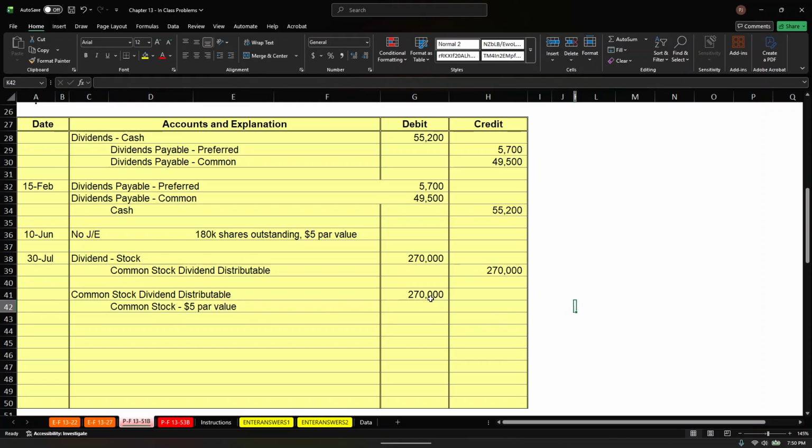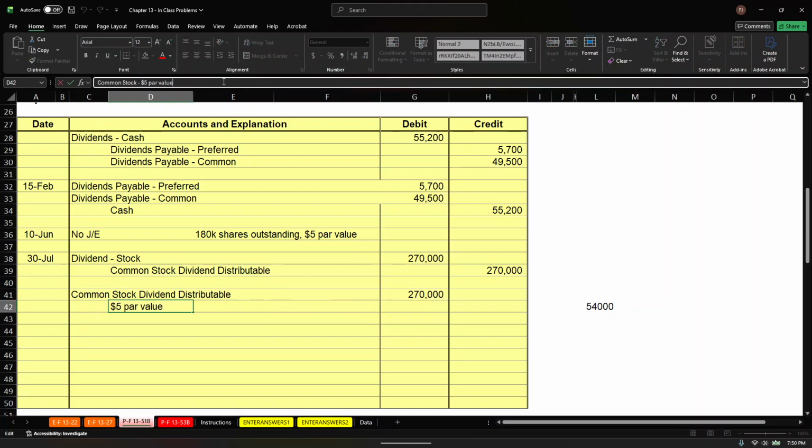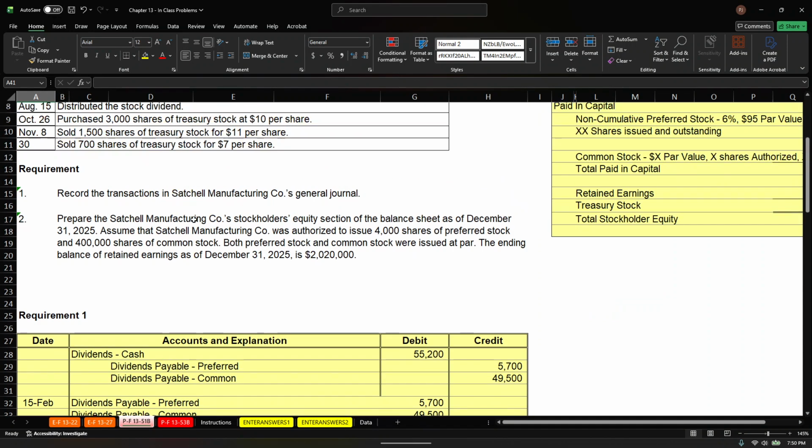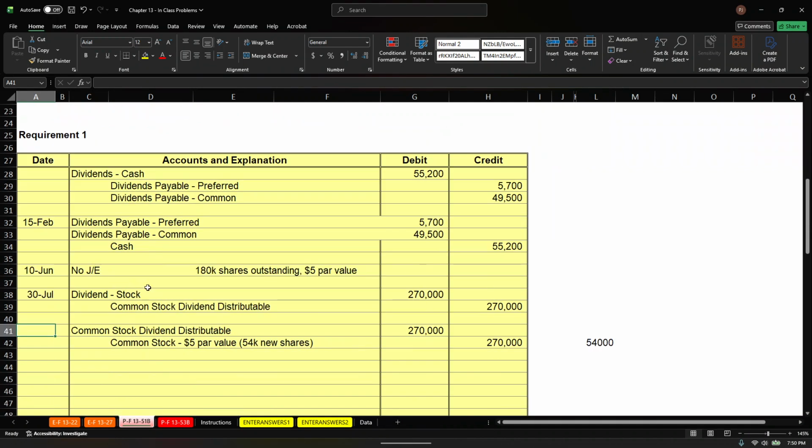The number of shares that we're creating is, again, 180,000 times 30%. So 54,000. That's the number of new shares. So I can maybe put that in parentheses. 54,000 new shares. And again, these 54,000 shares will be distributed to the existing shareholders in proportion to their percentage ownership in the business. Okay, so this is August 15th.